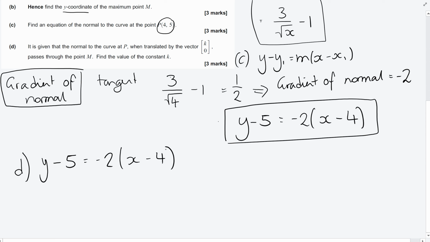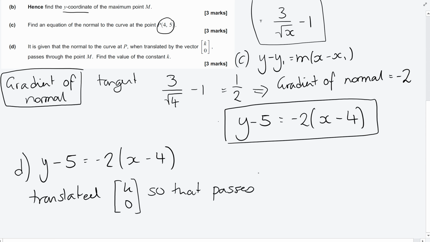We are trying to move this, translated by (k, 0), so that it passes through M, which in the previous parts of the question we found has coordinates 9 in the x direction and 6 in the y direction.